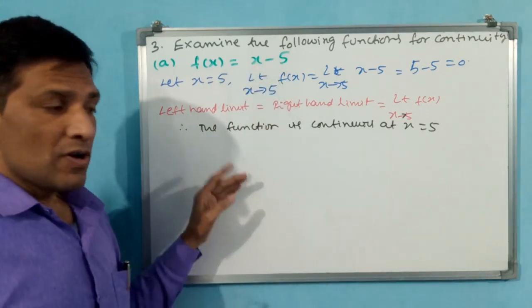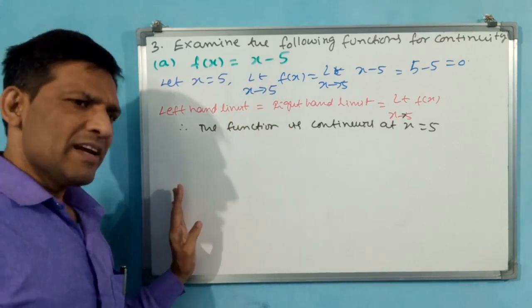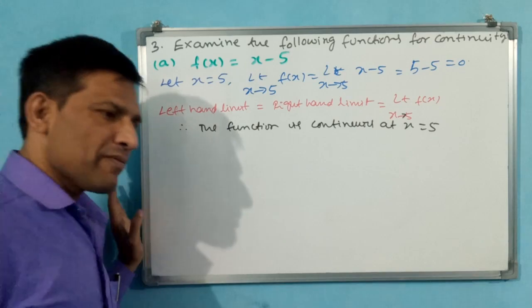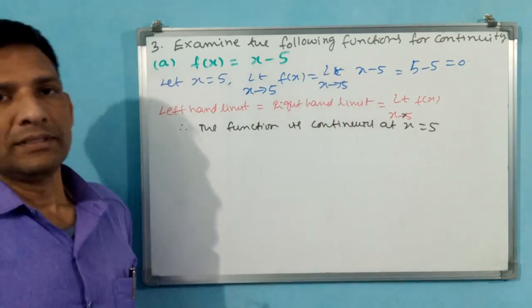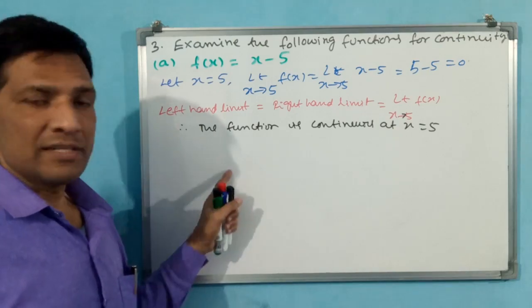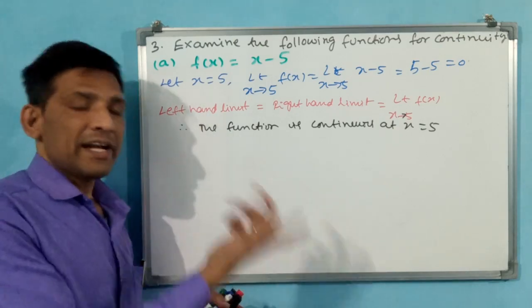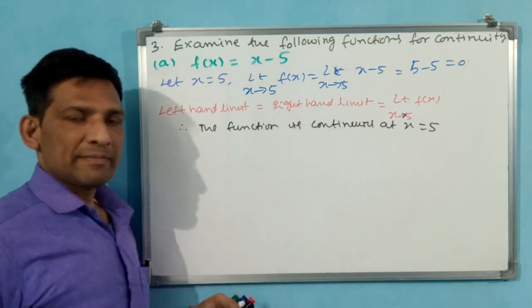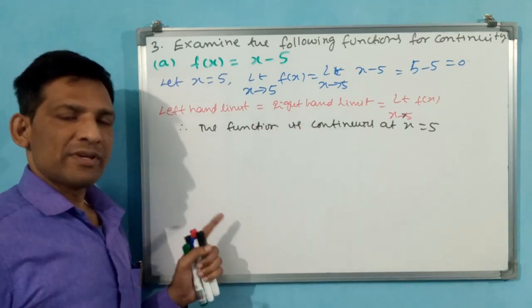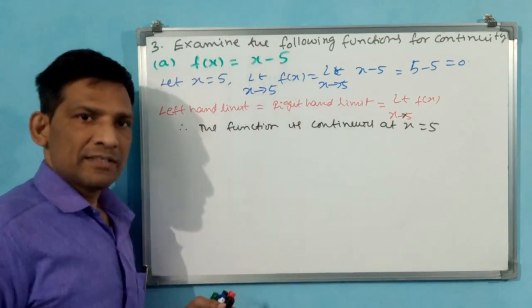Now, two more cases we will take. X is less than 5. Less than 5 means one number you take and you apply for all numbers. And write that x is less than 5, continuous. Again, you take one more number, x is greater than 5. There also you confirm that all limits are same, and x is greater than 5 in all area, this is confirmed.